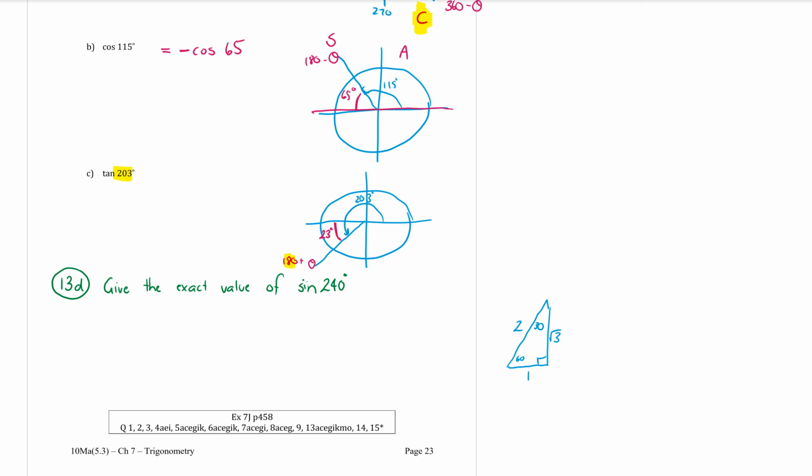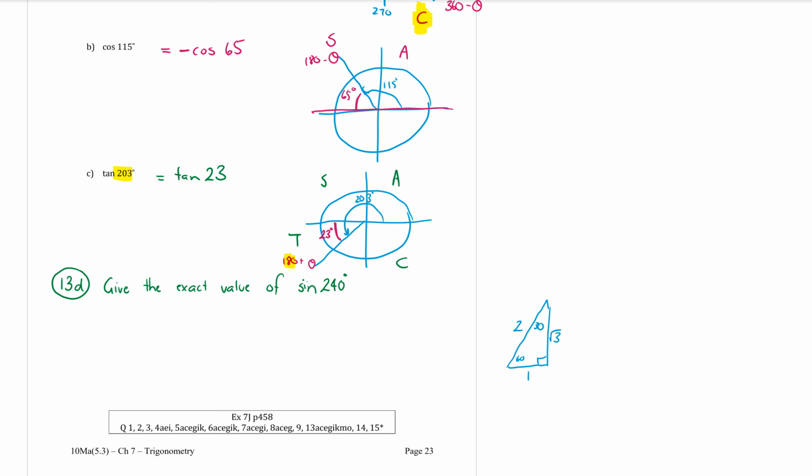So tan of 203 is the same as tan of 23. Now I need to check if it's positive or negative. All stations to central. We are in the tan quadrant, so tan of something in that quadrant will stay positive. I don't need to put a minus sign on that answer. That's finished.